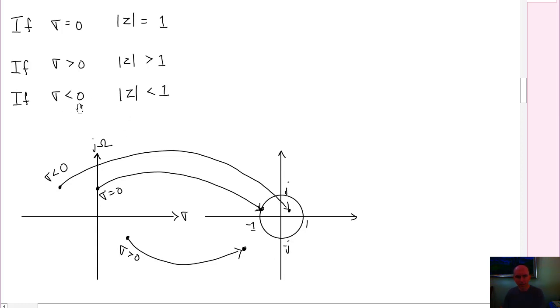When sigma is less than 0, it means we're in the left half plane, and the whole left half plane transforms inside the unit circle, where the magnitude of z is less than 1. And so, of course, this last one tells us that if we have a pole in the left half plane, it's going to transform into a pole inside the unit circle. And so stable causal systems for H_A(s) are going to translate into stable causal systems of H(z).